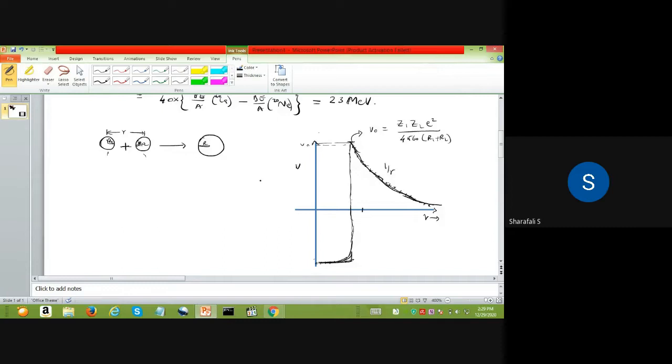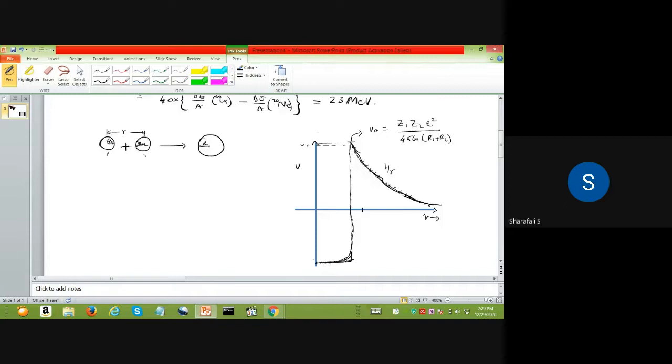This is the maximum potential that you can have, because when R1 plus R2 is minimum, they are very close to each other.